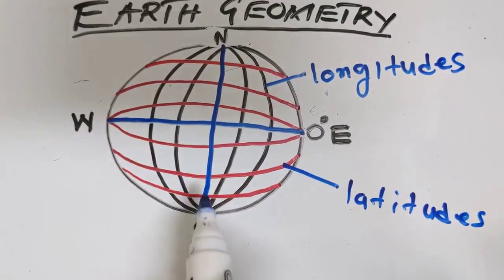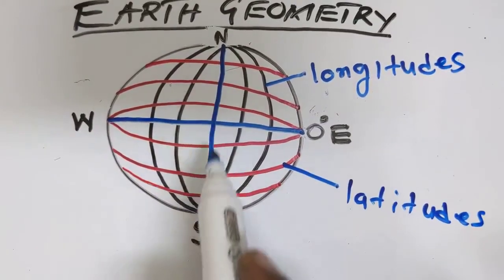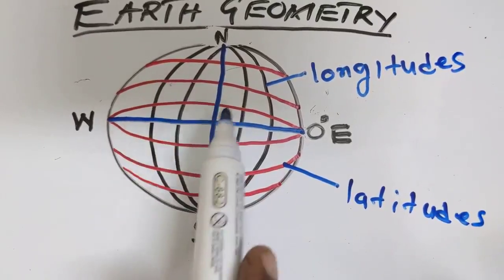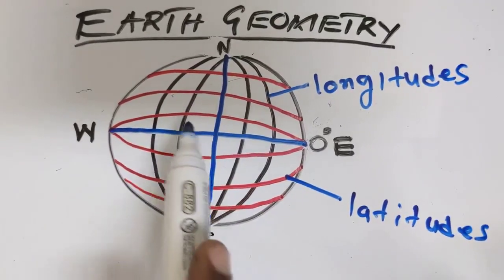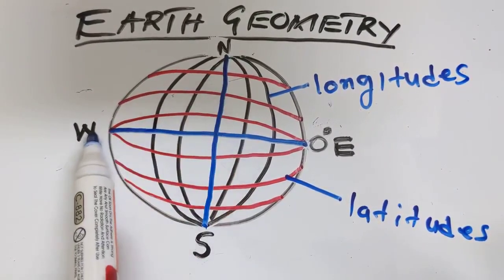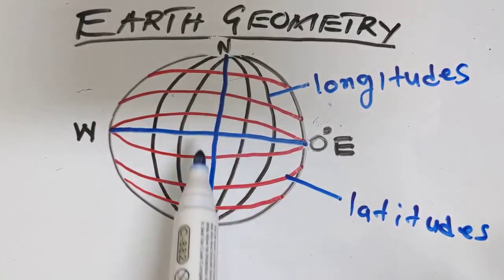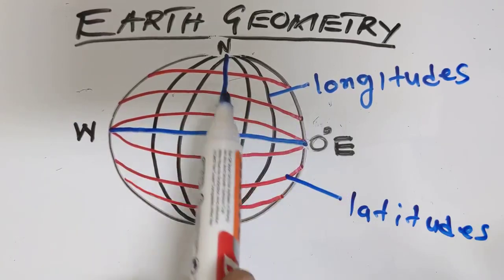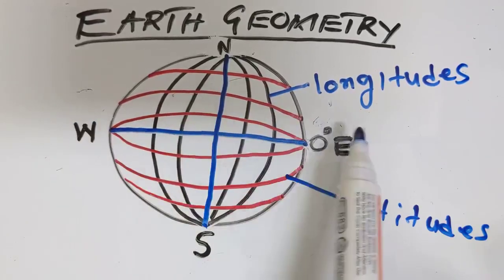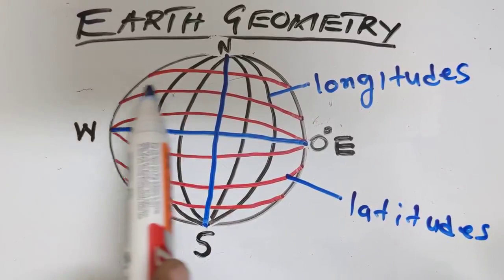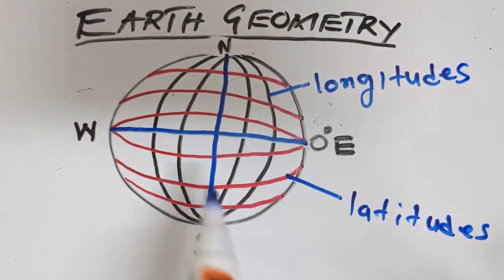So this line demarcates the west and the east part. For those that are doing geography, they call these parts hemispheres. This line shows the demarcation between the west hemisphere and the east hemisphere.